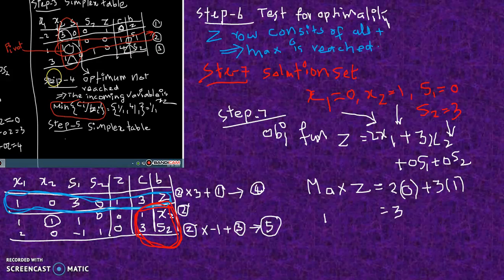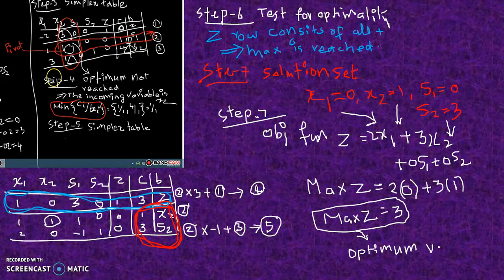So maximum z is equal to 3, and this is our optimum value. Sometimes it may be minimization, but here we are getting the optimum value.